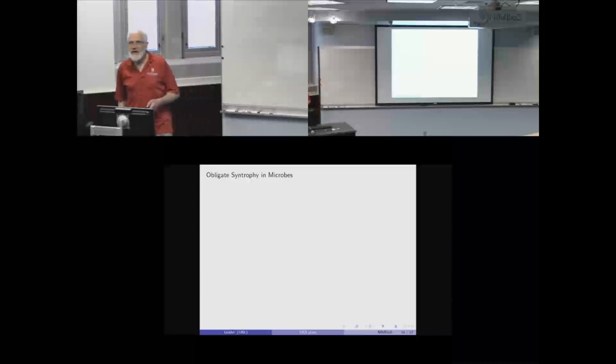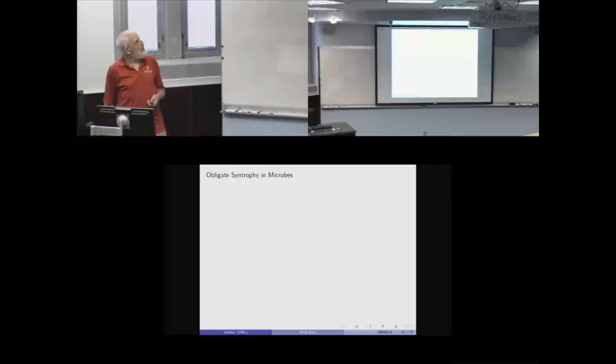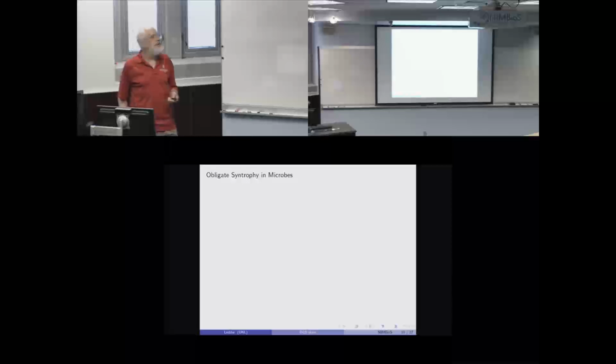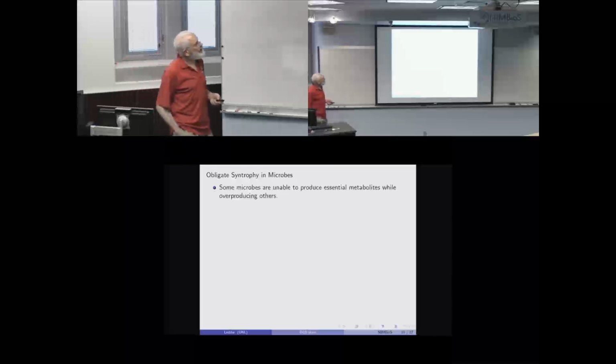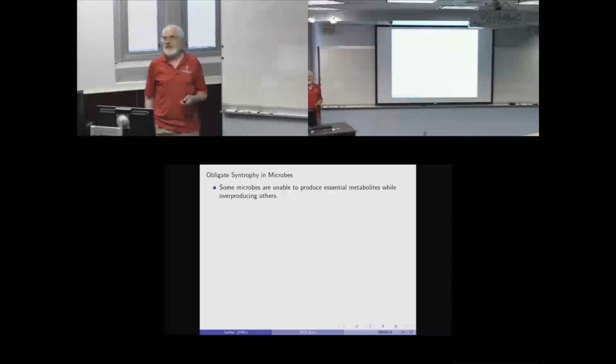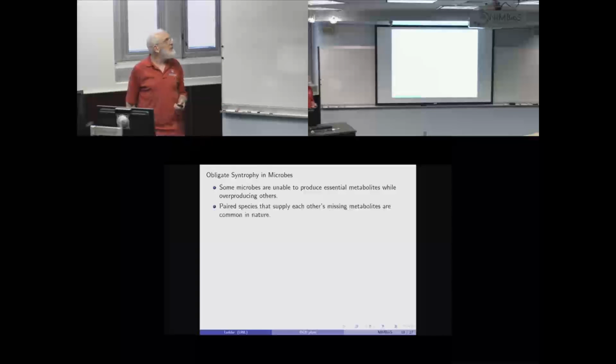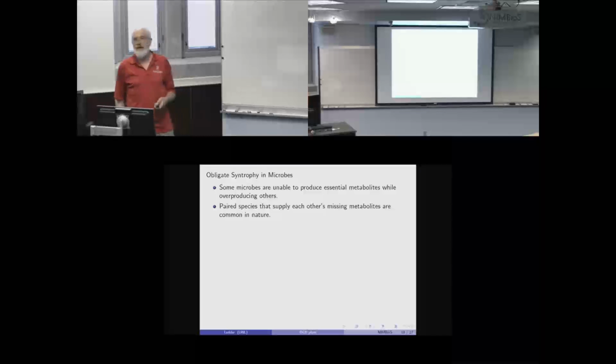So in order to get a sense of how that might work, let's first talk about obligate syntrophy in microbes. So some microbes are unable to produce essential metabolites, but they overproduce others. The species that do this occur in pairs that supply each other's missing metabolites. This is actually common in nature.